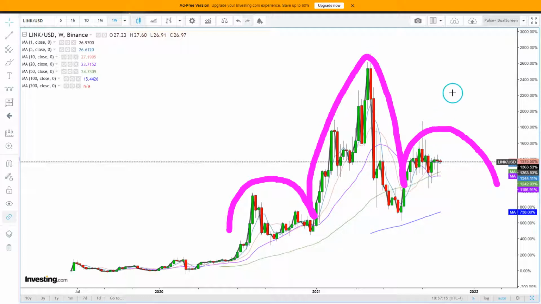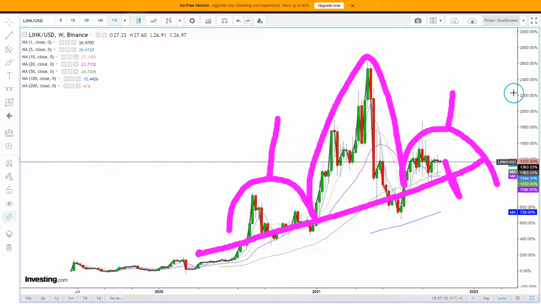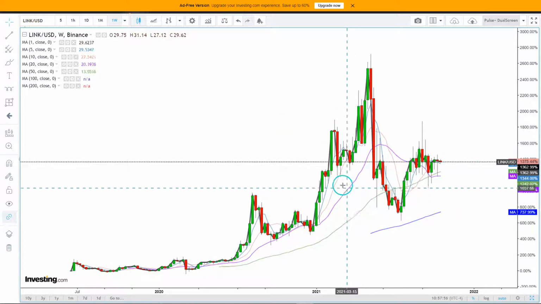Given that the right shoulder here is significantly higher than the left shoulder, there is an increased probability of the bulls being able to neutralize that pattern. So let's say that we do have a bit of a pullback, then it could be that we form this diagonal neckline, and those necklines have a tendency to be more favorable to the bulls.